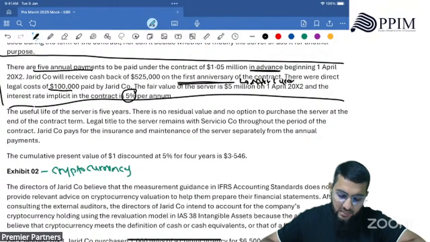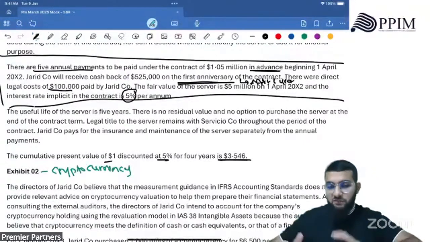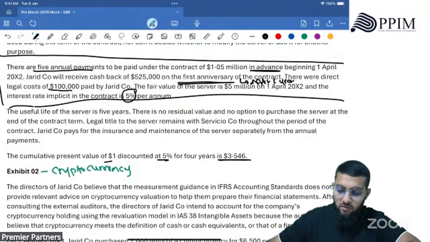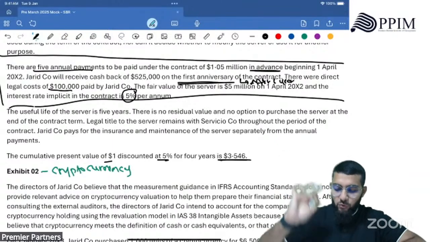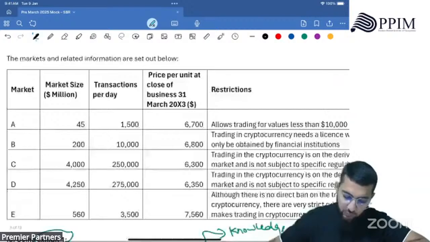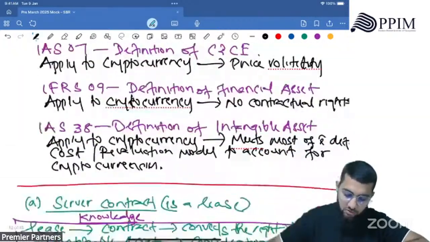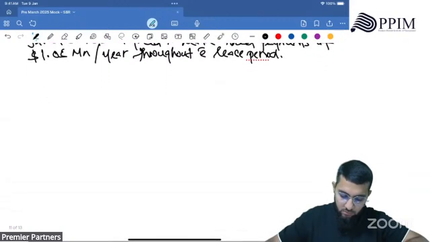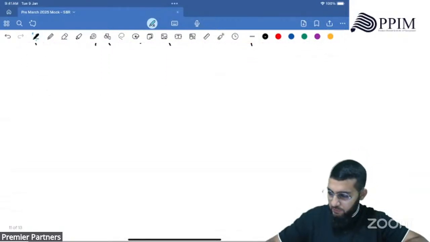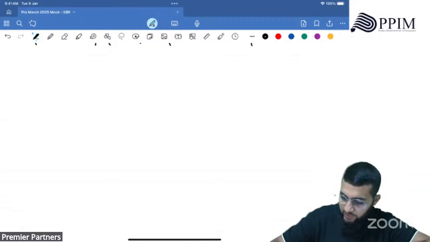The cumulative present value of one at a discount rate of 5% for 4 years is 3.546. They've given the value of $1, right? It's going to be 3.546 in 4 years' time. Let's quickly, now we are in a position to measure that.